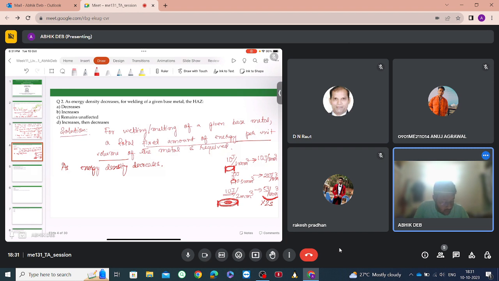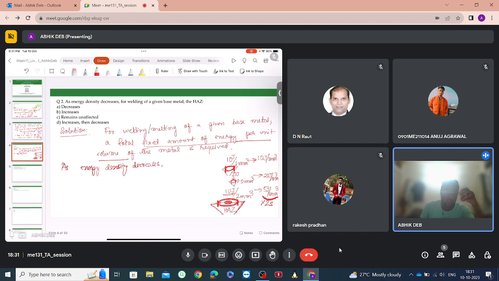So this entire region will result in a greater heat affected zone, and here the heat affected zone will be like this, here it will be further smaller. So as the power density or the energy density decreases, the heat affected zone will be larger and larger.